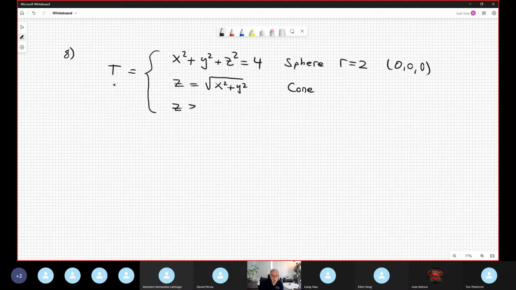How do you know it's the top part? Because I assume the positive sign, and the square root is positive. Yeah, absolutely. So if you omit the sign as default, you suppose it's positive.